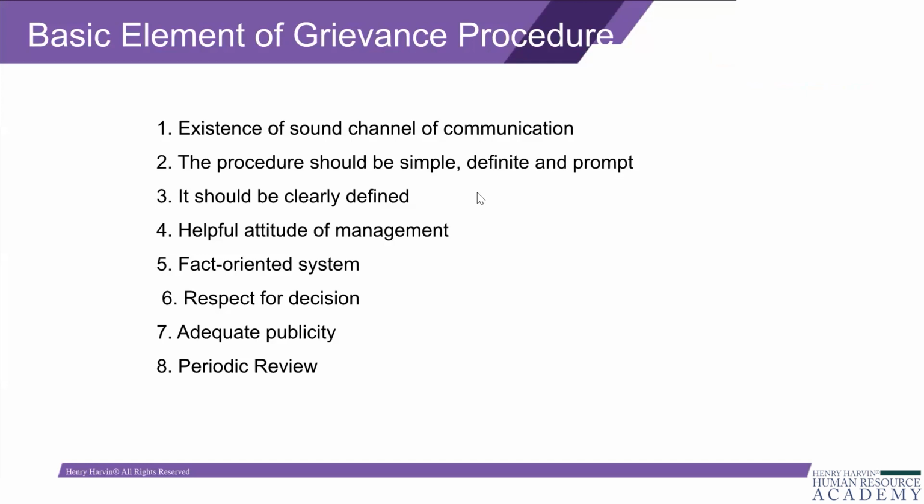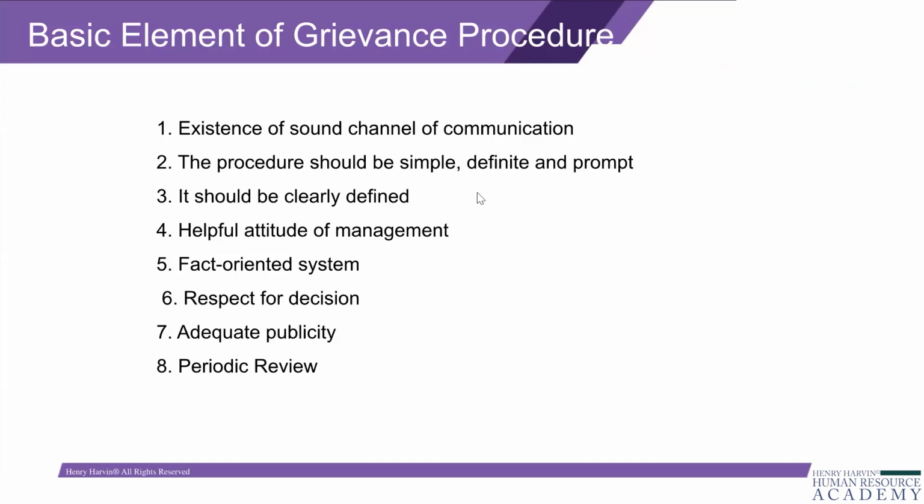It should be clearly defined. In the organization, there should be a proper channel of communication. First, you have to make your employees aware of whom they can approach immediately if they have any grievances. Once that is not solved, then what is the second stage?